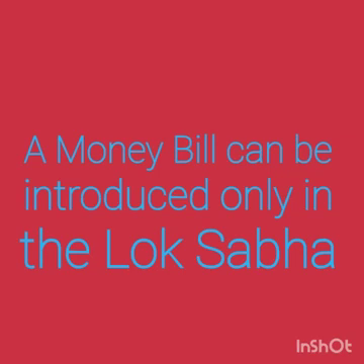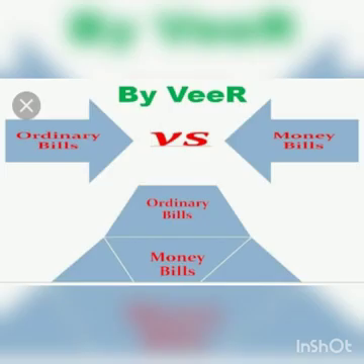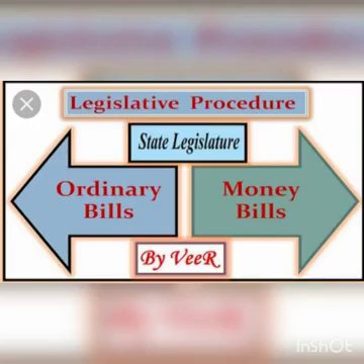A money bill is a bill that is related to revenue and expenditure. Revenue means money and expenditure means how much money will be spent and for what. Only the speaker can declare a bill as a money bill.